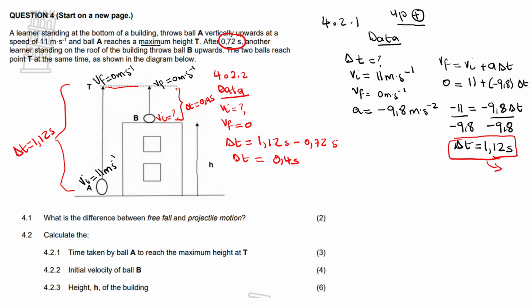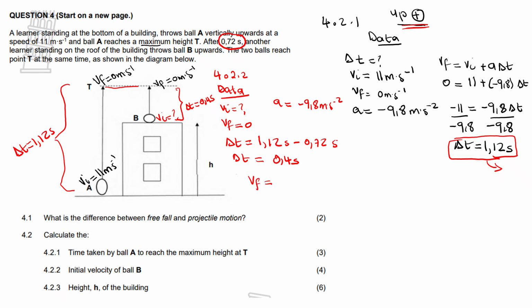Okay, so I think now everything is good. Let's also consider acceleration. Remember, this is moving up, and we said up as positive, but the acceleration always goes down. So this will be negative 9.8 meters per second squared. Okay, so let's use the formula that doesn't have delta y, and the formula is V final.